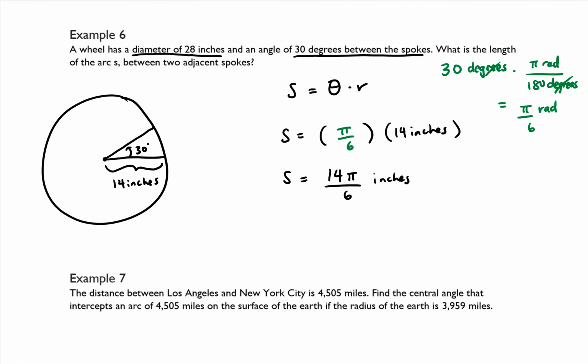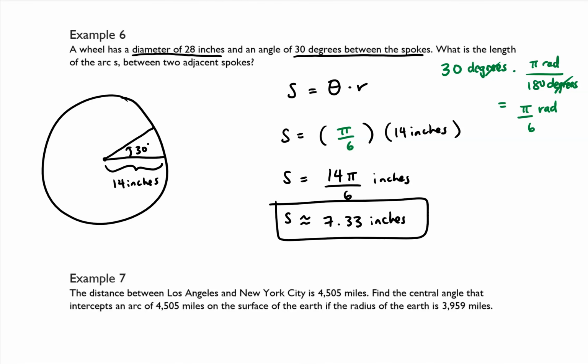And since this is an application problem, it'd make a little bit more sense to throw this into our calculator and find that this is equal to approximately 7.33 inches. So if we're looking at the bicycle wheel, that tells us that this length here, this arc length, is 7.33 inches.